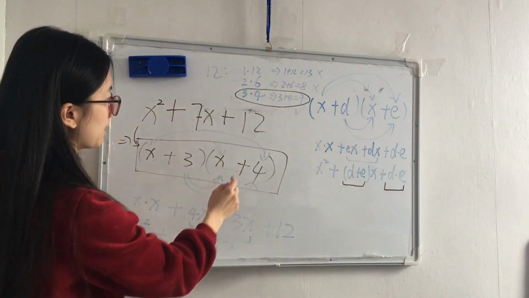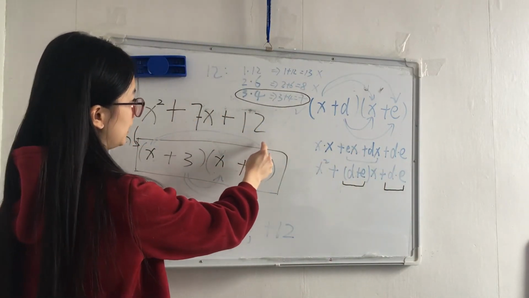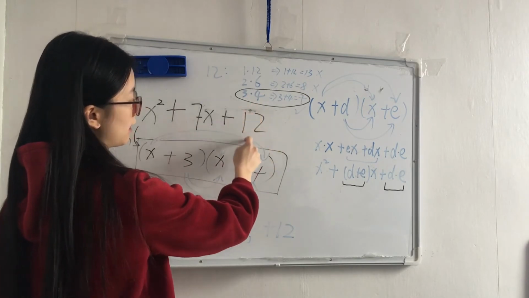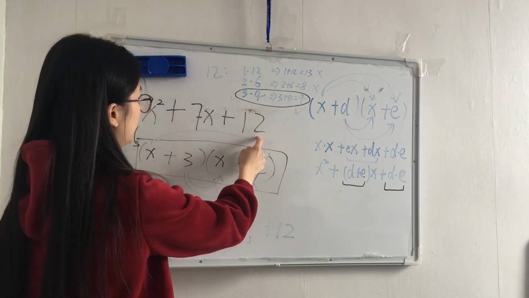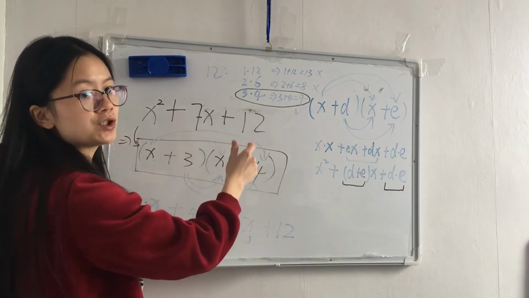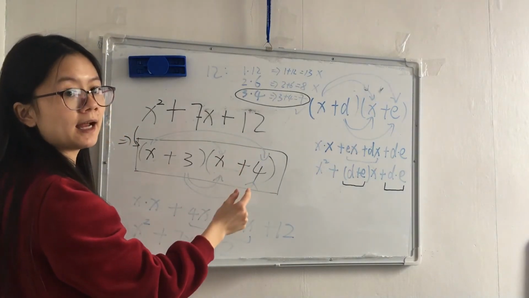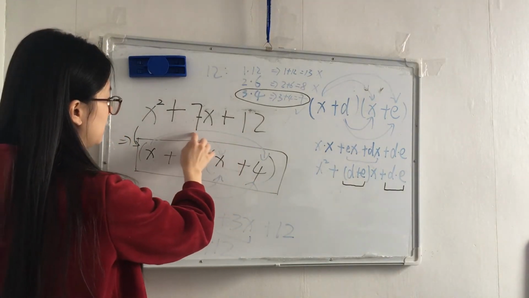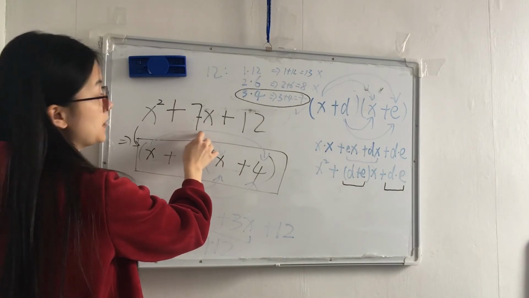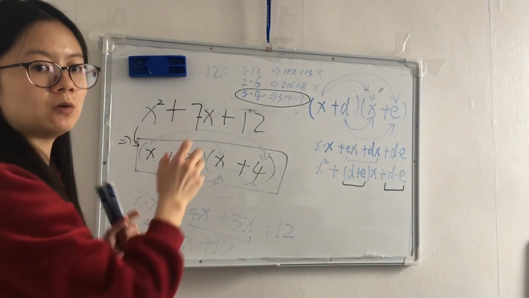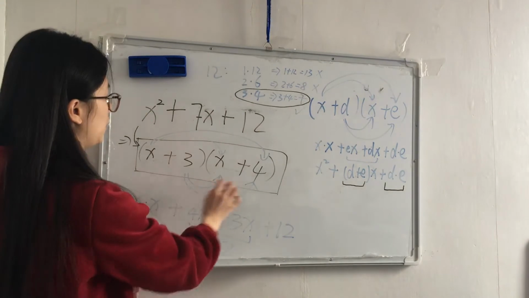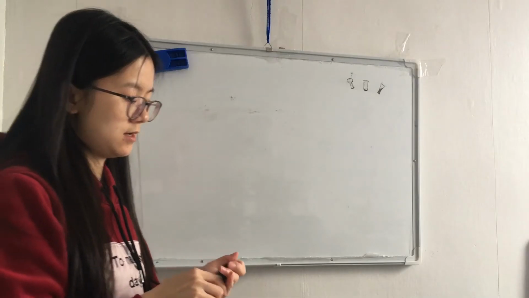We find two numbers that multiply to get the constant, and then see which two numbers adding together will give us the b term, those are the factors we want. Then we can write it.